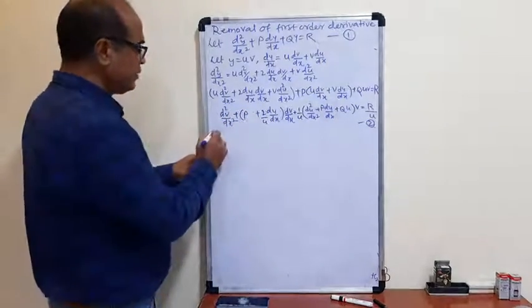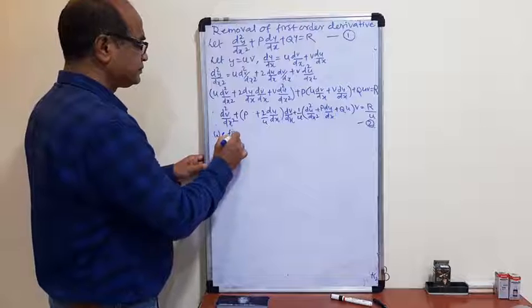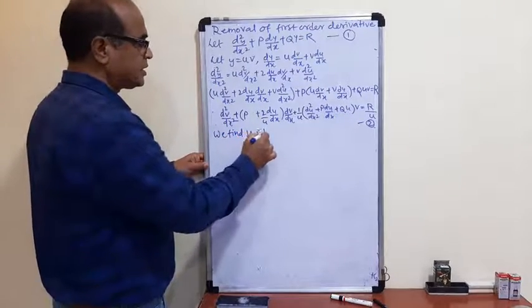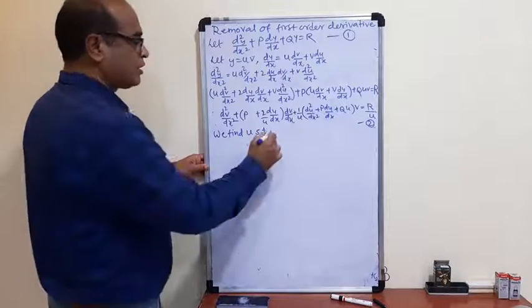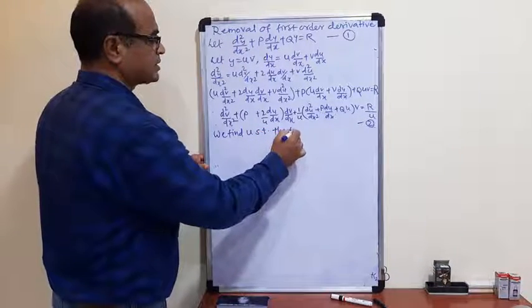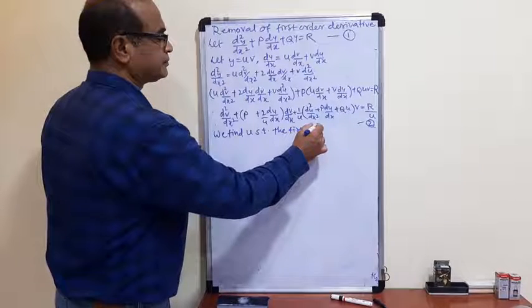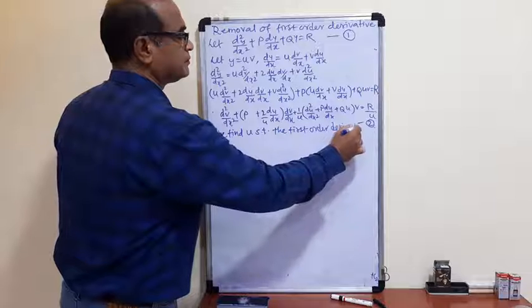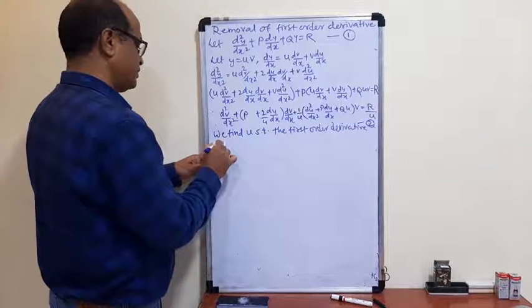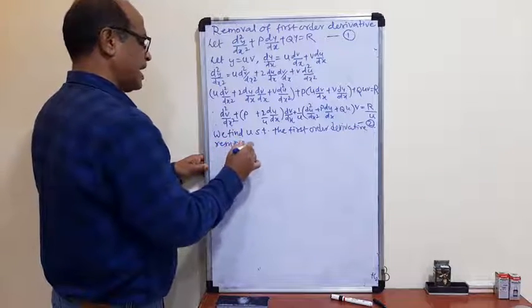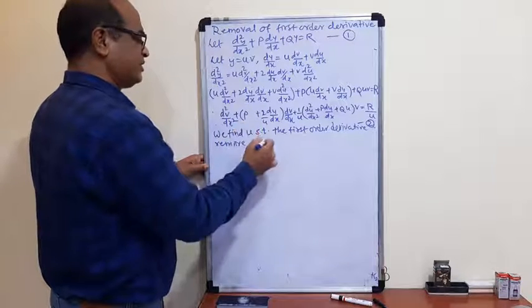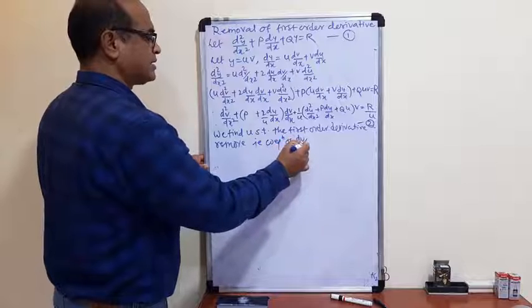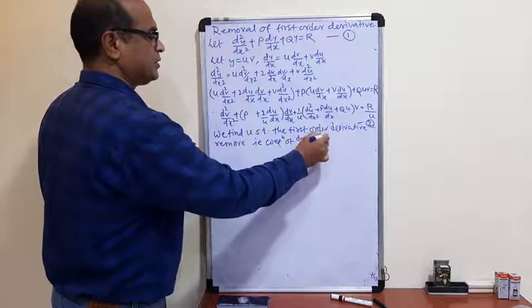Okay, we find u such that the first order derivative is removed, that is, the coefficient of dv by dx is 0.